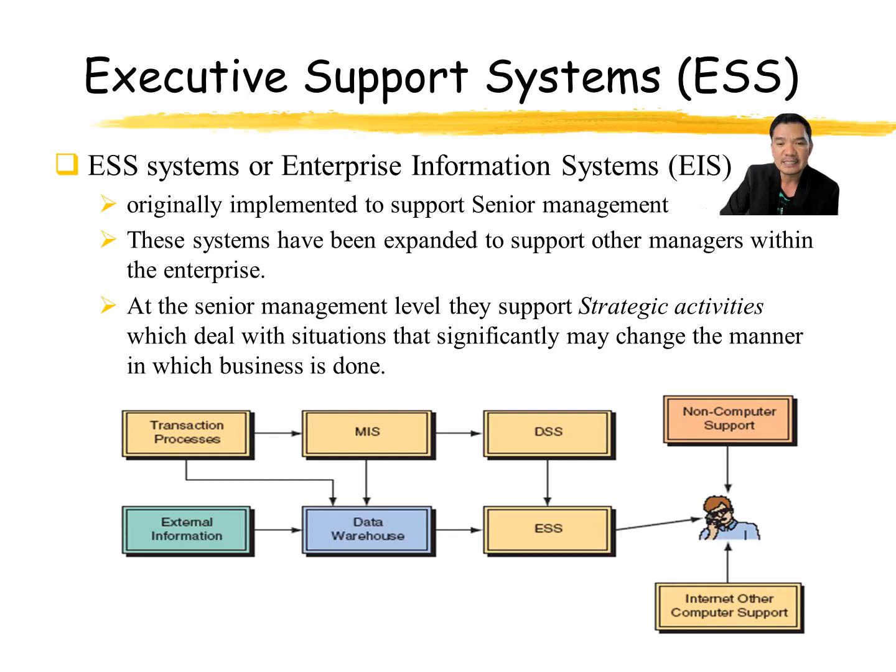These systems have been expanded to support other managers within the enterprise, and at the senior management level, they support strategic activities which deal with situations that may significantly change the manner in which the business is done.